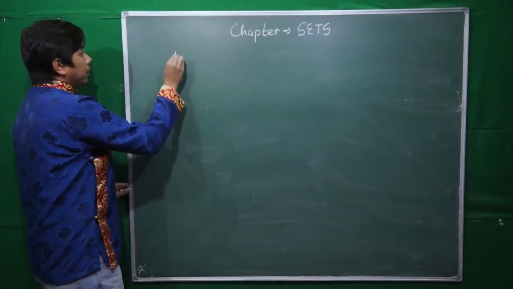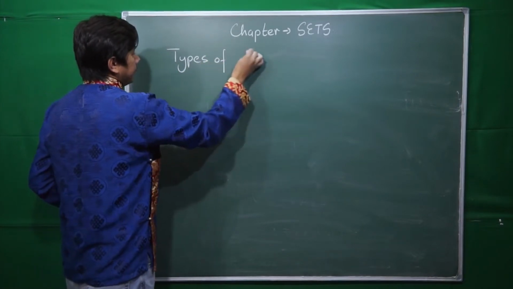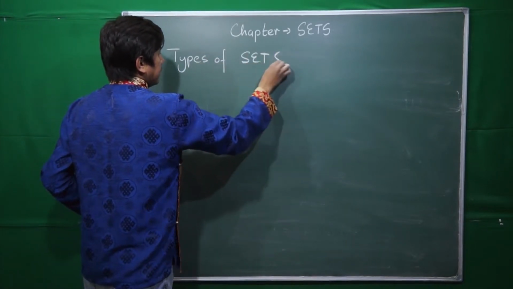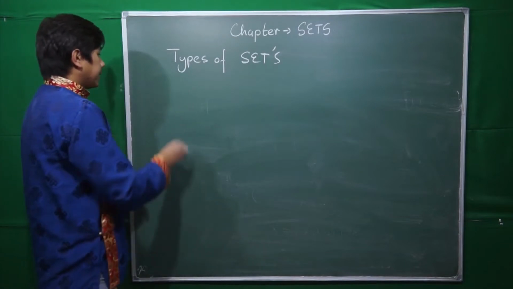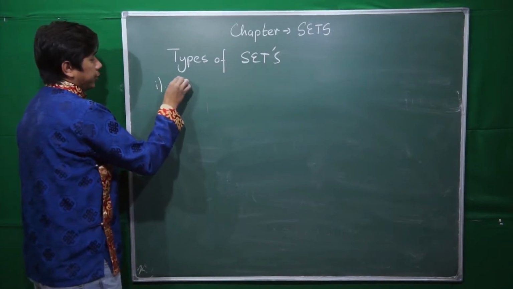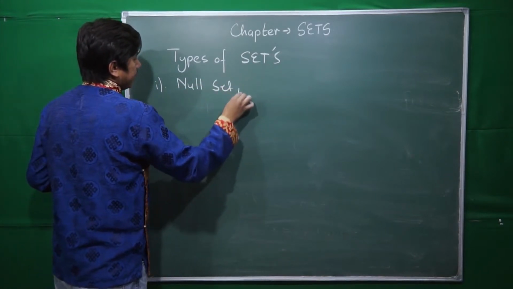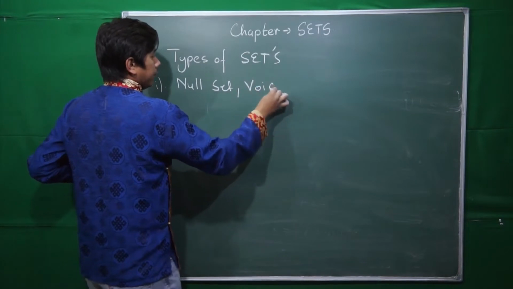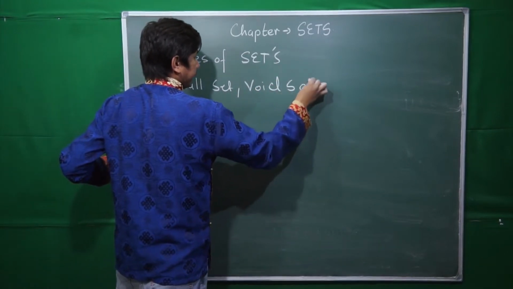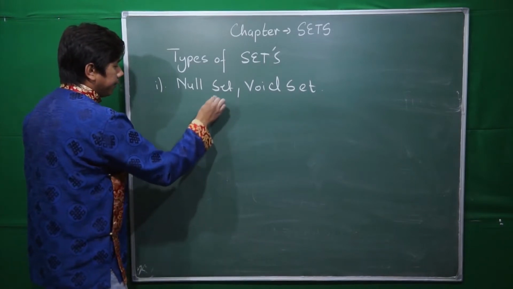Next, we are going to talk about types of sets. So the first type of set, which is a very important set, is known as the null set, also known as the void set. And it is represented by phi.